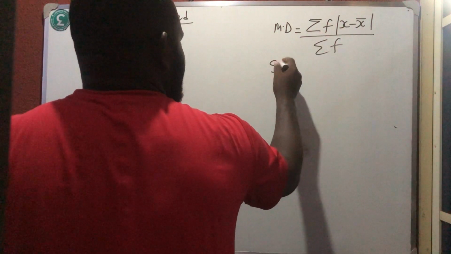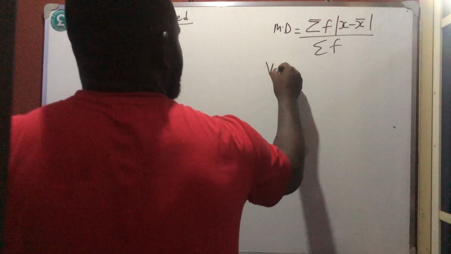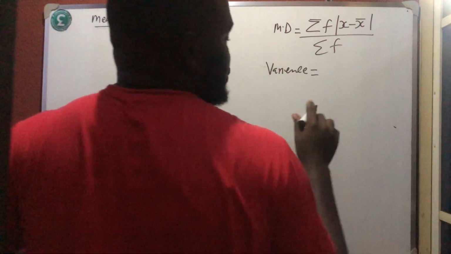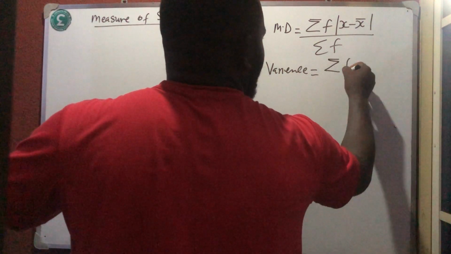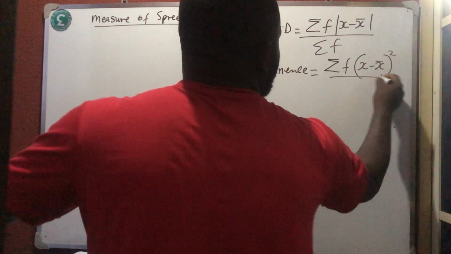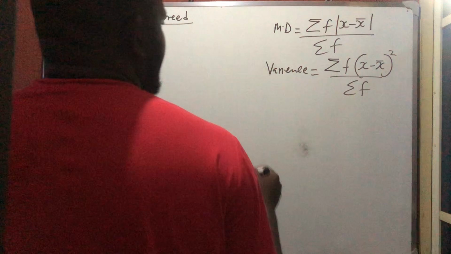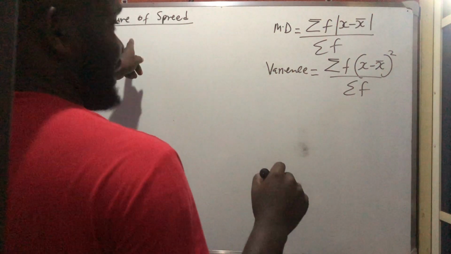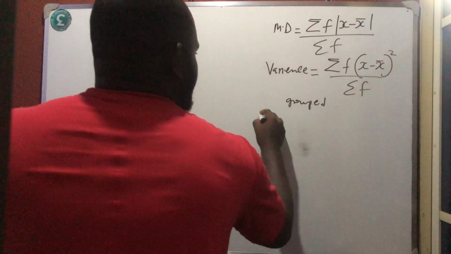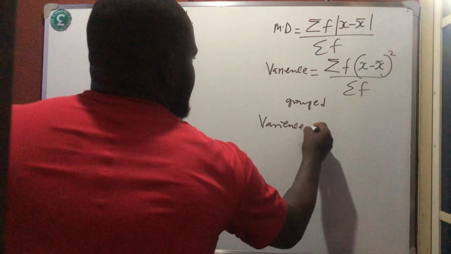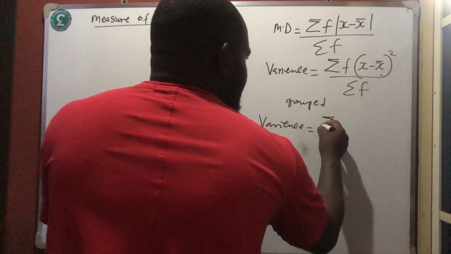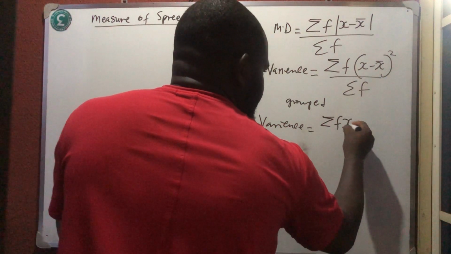But for the variance first, for the ungrouped data, it is the summation of f times x minus x bar, all squared, divided by summation f. But for the grouped data, which is what we are talking about, the variance is simply from this place: I'm going to have the summation of f with x squared.